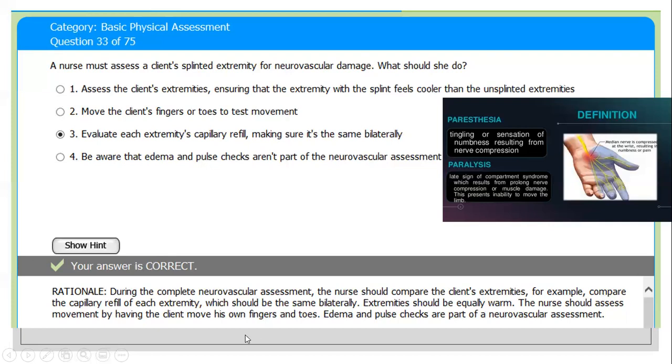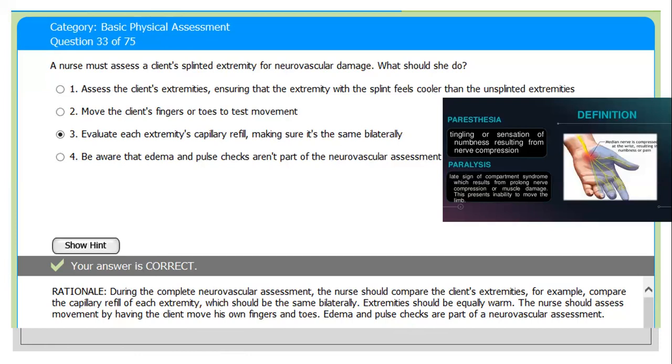For example, compare the capillary refill of each extremity, which should be the same on both sides, or bilaterally. Extremities should be equal on both sides, temperature should be equal. The nurse should assess movement by having the client move the tips of fingers and toes. Edema and pulse checks are part of the neurovascular assessment.